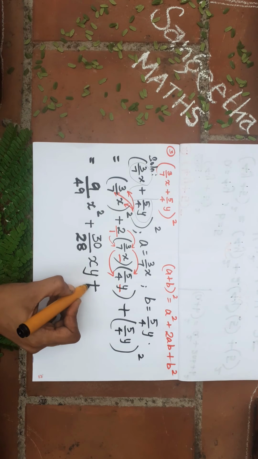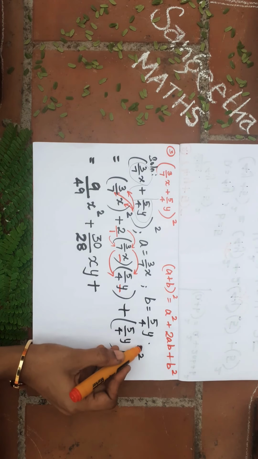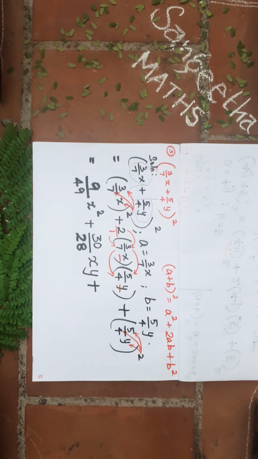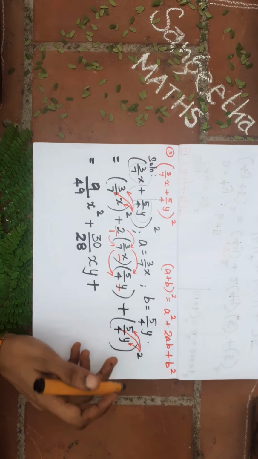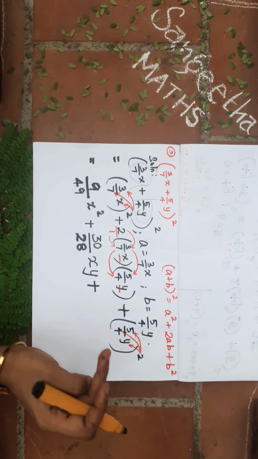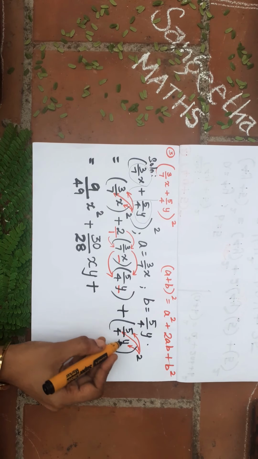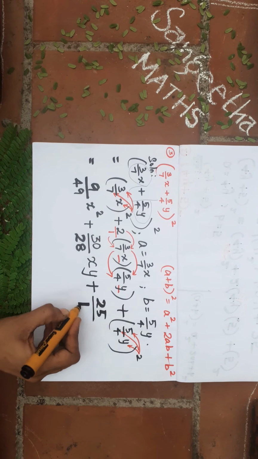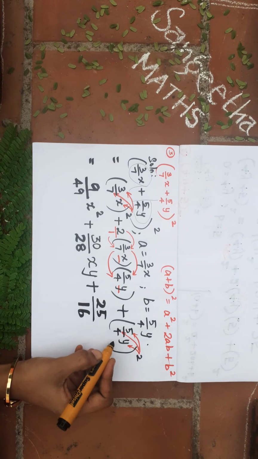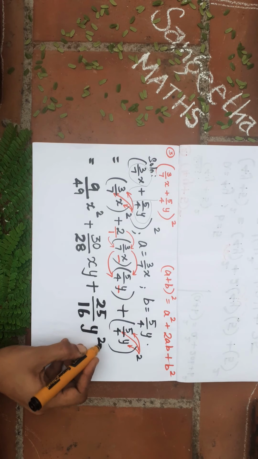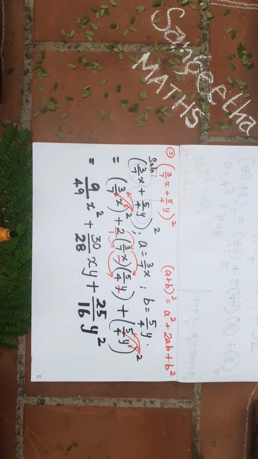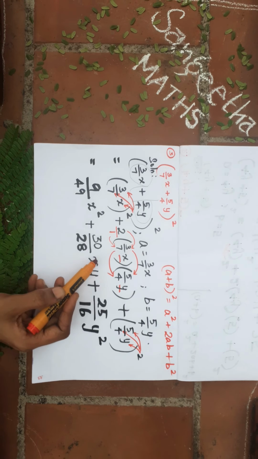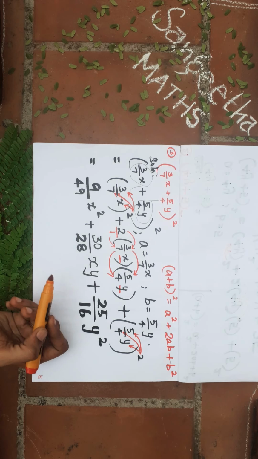Then plus, this square goes for all three: 5, 4, and y, the number and the variable. So the number is a rational number, so it goes for both numerator and denominator. 5 square is 25. Then 4 square is 16, right? Then y square. If you feel like cancelling, definitely you can cancel, because both go in the 2 table.